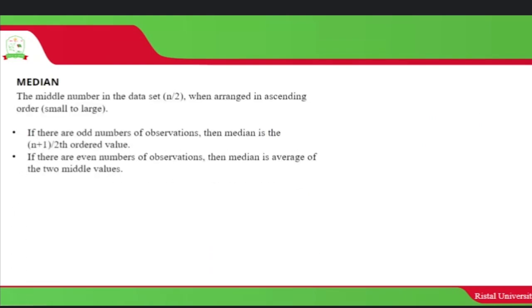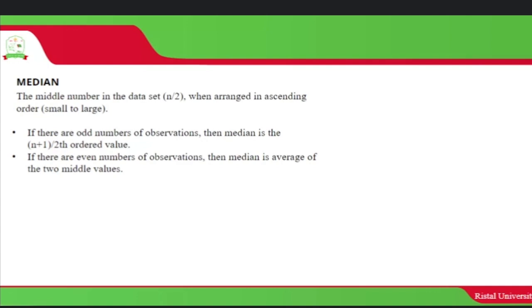Moving on to the median. The median is simply the middle number in the data set when the data set is arranged in ascending order, that is, from small to large. If there is an odd number of observations, then the median is the (n+1)/2-th ordered value.